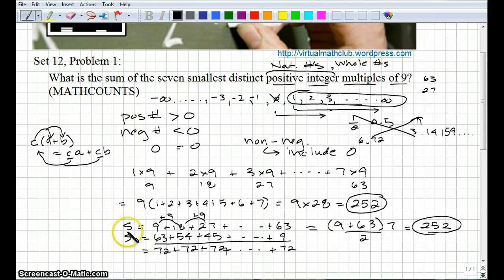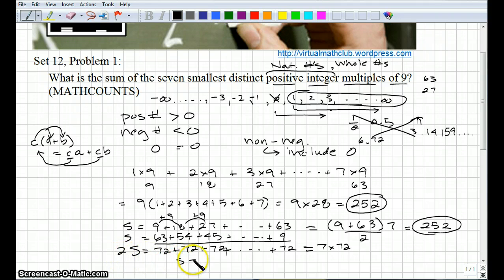Okay, and we've added 2 of these sums, so this is actually equal to 2S now. And so how many 72s are we adding up? It's going to be based on the number of numbers up here, which we know was 7. So it's going to be 7 times 72. And that's going to be twice the sum that we're looking for.